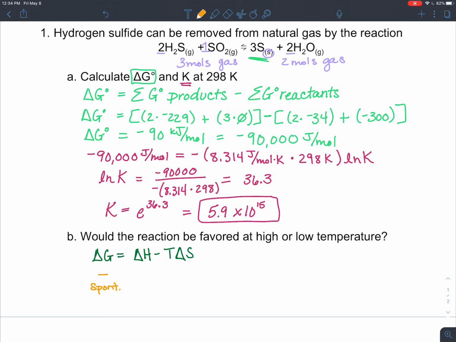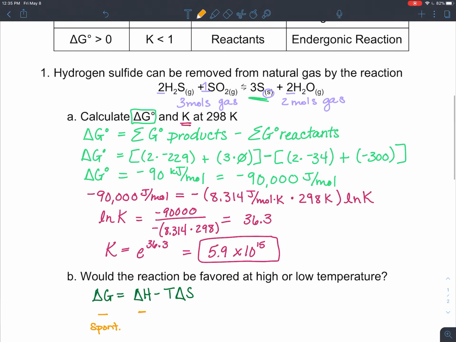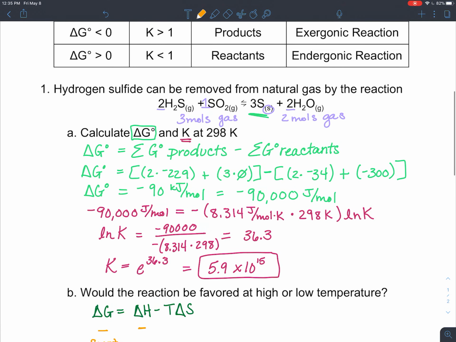So in this particular situation we have a delta H that is negative, because it's exothermic, and one of the reasons we would know that is when we go back and look at our K values, we see that if it's larger than 1, it favors the products and it's an exergonic reaction.